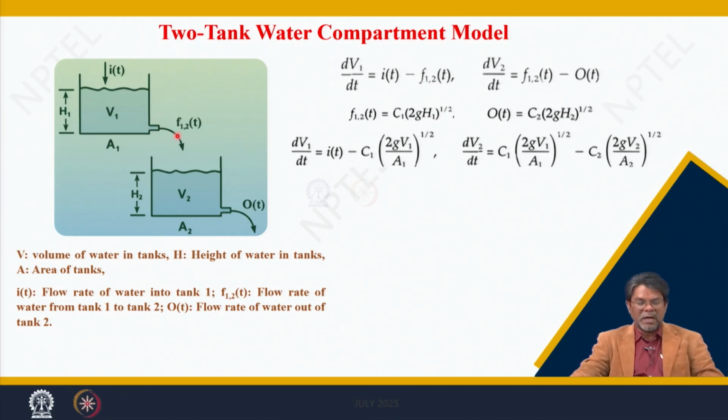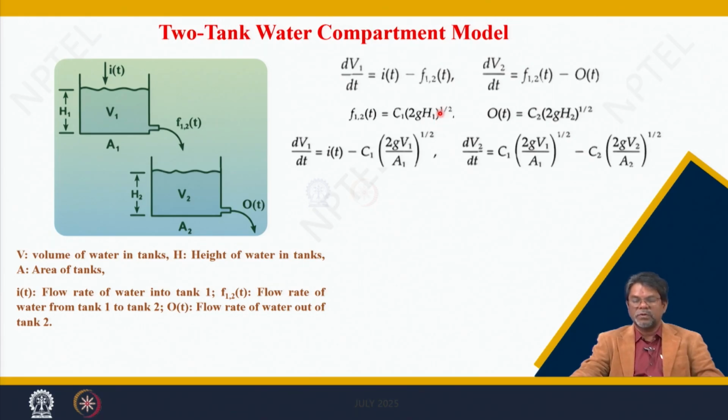And we see the flow rate of water from tank 1 to tank 2 depends upon the height of the water. It is the square root of 2 times the gravitational constant times the height of the water above the orifice.